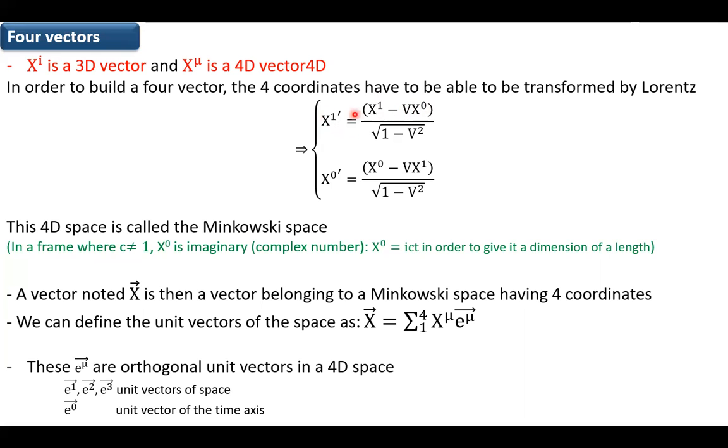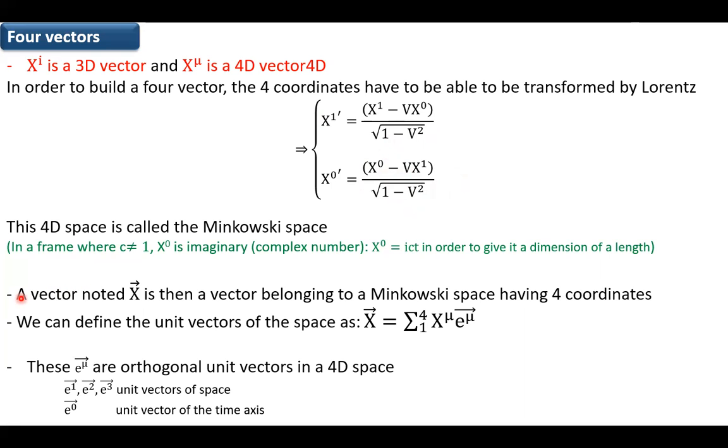So you will end up with this set of equations. x1 prime is equal to x1 minus vx0 over radical of 1 minus v squared. And the t is replaced by x0. So t prime is x0 prime, which is equal to x0 instead of t, minus vx1 instead of vx, over the radical of 1 minus v squared.